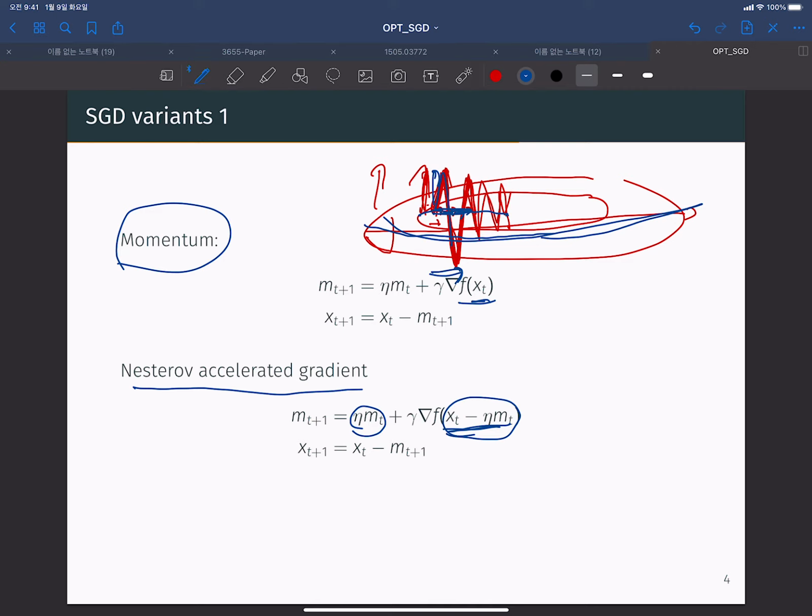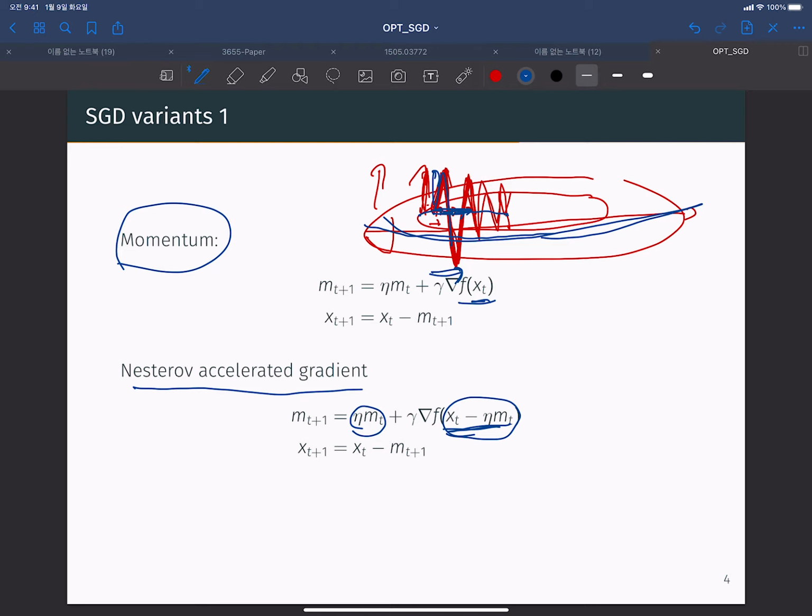That is the only difference between the momentum and Nesterov accelerated gradient methods. So the philosophy is basically the same. Using the averaging, we can slow down the movement toward the very steep direction, and we can speed up or boost up the movement toward the very slowly varying direction.